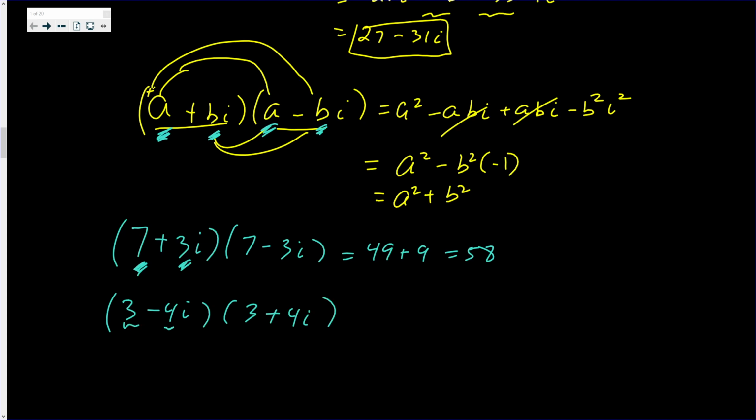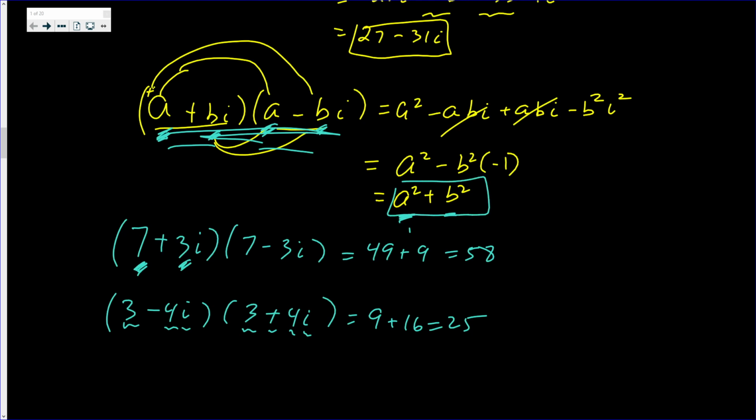According to our formula, we're just supposed to get a squared plus b squared. 3 squared plus 4 squared. 25. Oh, when you multiply complex conjugates, as this answer shows, you get a real number, because there's no i in it. Just a real number.